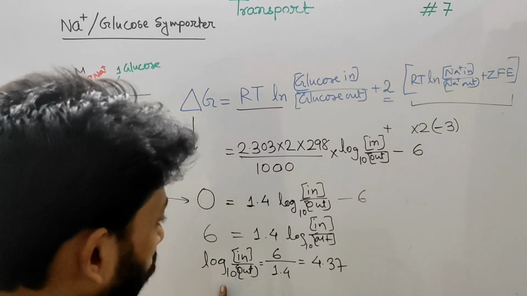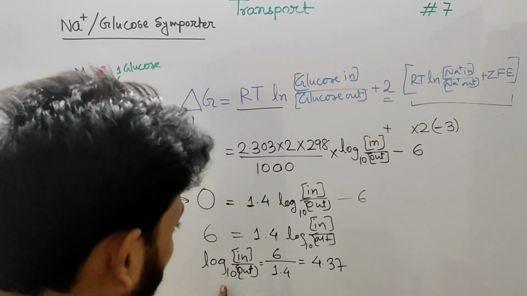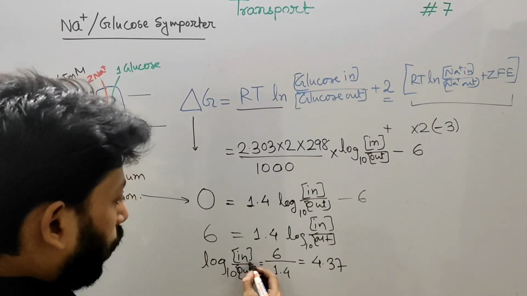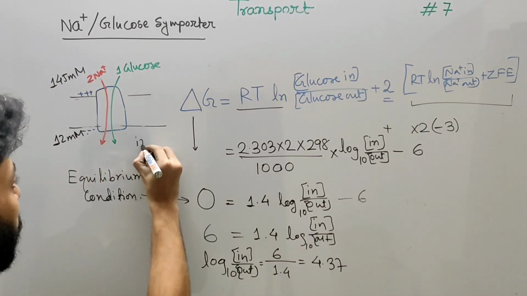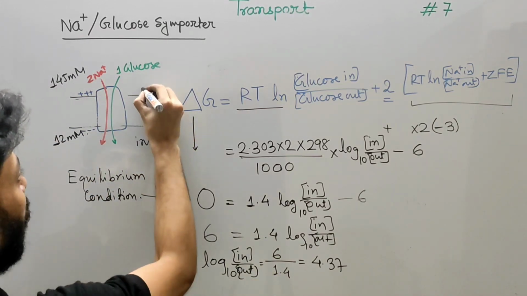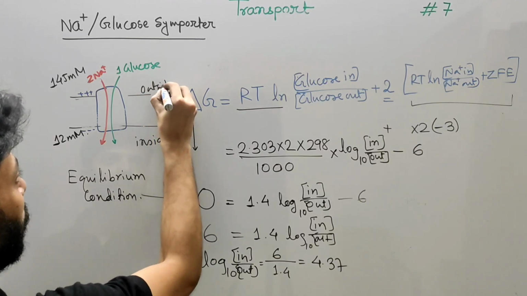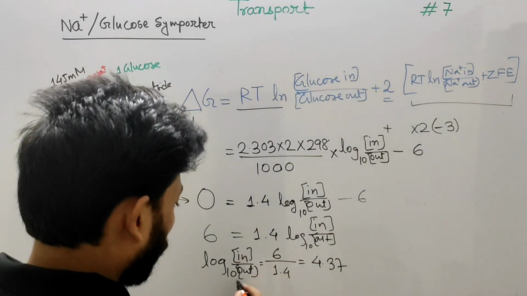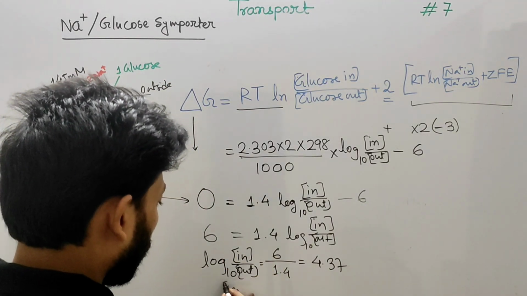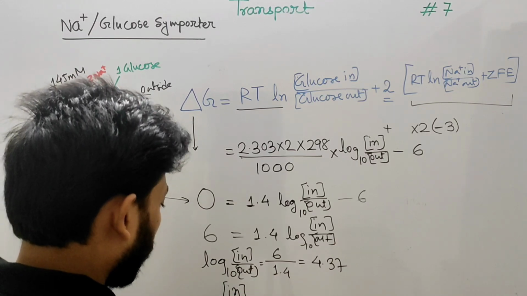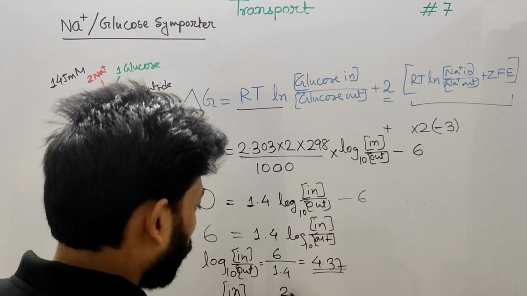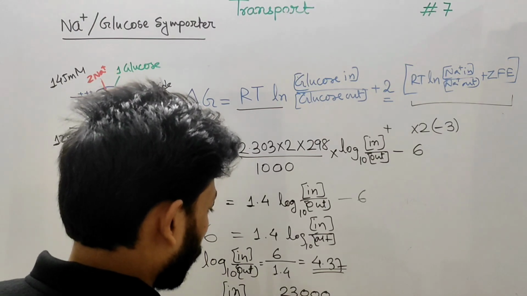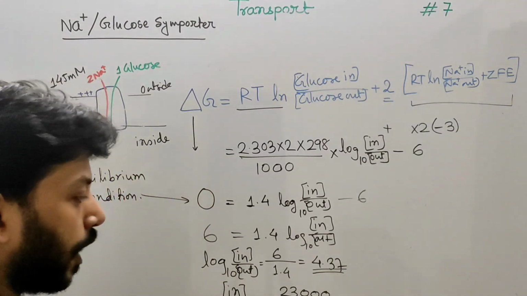Now one thing we have to understand is that we are trying to find how much concentration will be inside and how much will be outside. This equation shows that if the logarithm value is this, the ratio of inside to outside will be 23,000 by 1.